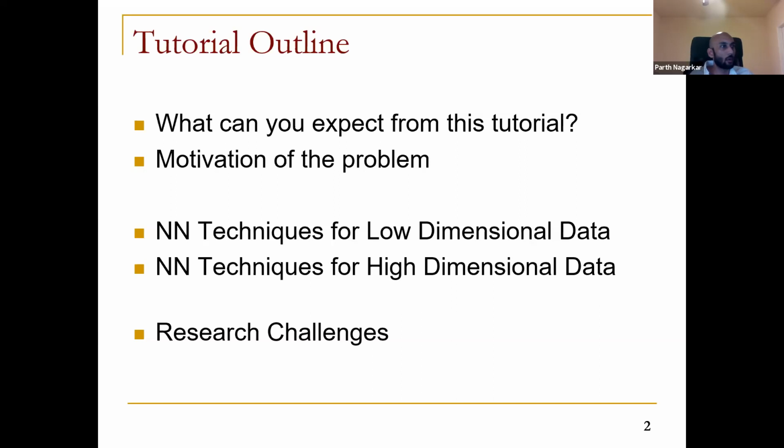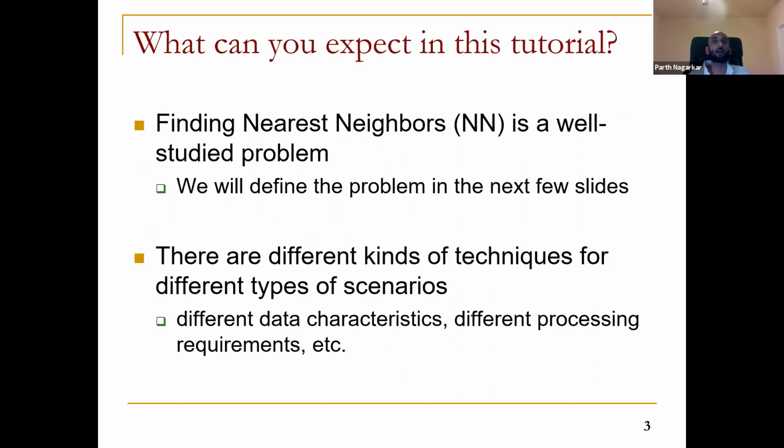Let's begin with what you can expect from this tutorial. Finding nearest neighbors is a well-studied problem. I will explain the definition of the problem in the next few slides. But the motivation of this tutorial is that there are many different kinds of techniques for different types of scenarios.